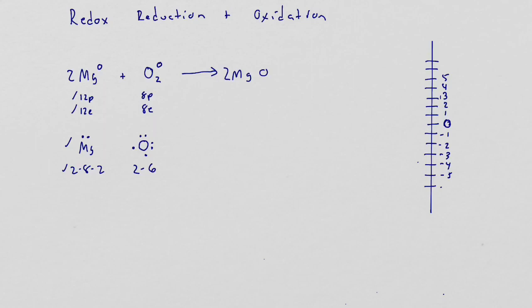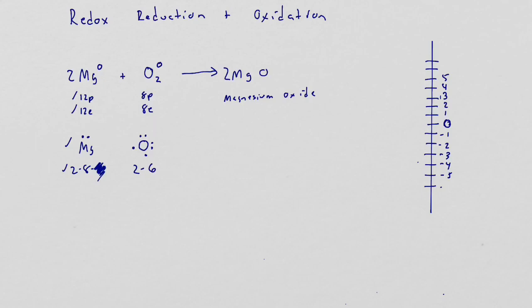Now, this compound has a metal and a non-metal. This is magnesium oxide. And like all ionic compounds, it involves a transfer of electrons. And in that transfer of electrons, the metal becomes a cation. So the magnesium is going to lose its 2 electrons here, essentially, right?